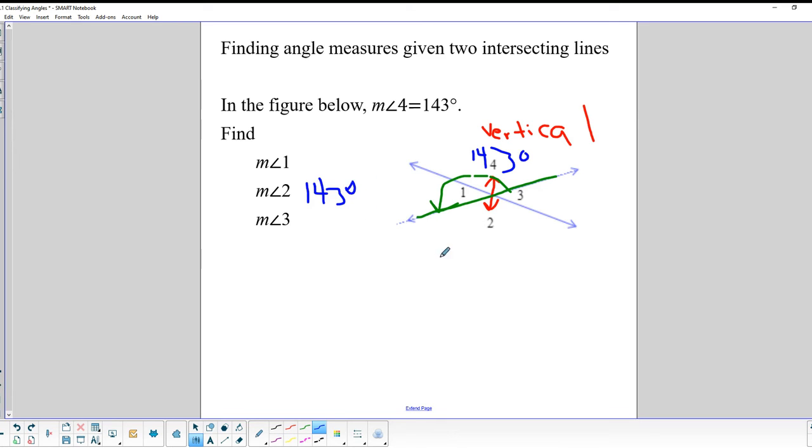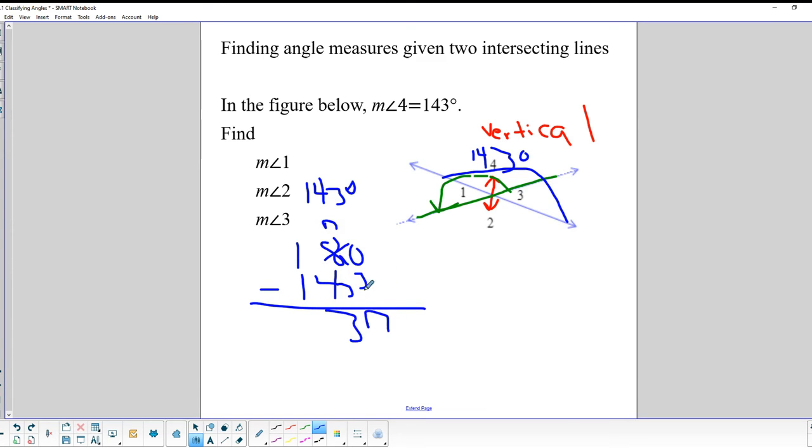And the measure of angle 3, well, if you notice, angle 2 and angle 3 go together to form a straight line, which is a 180-degree angle. So if we take 180 degrees and subtract 143 degrees from that, you're going to end up with 37 degrees.